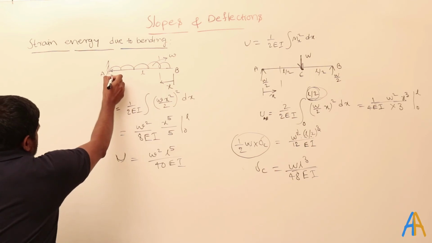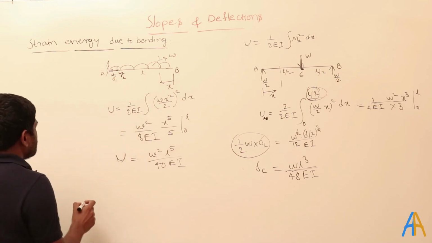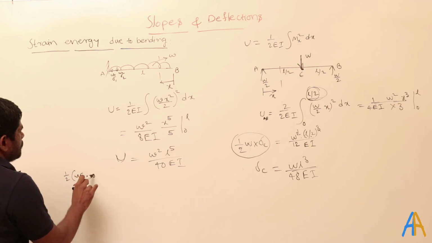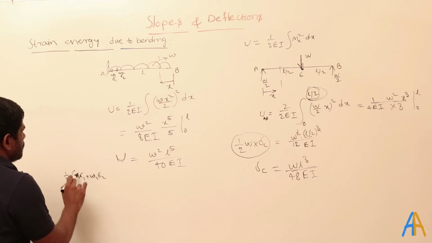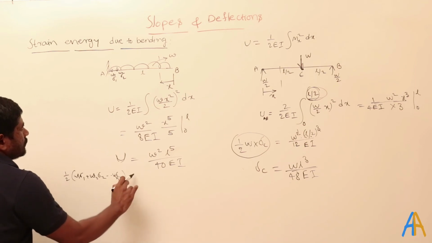Let's assume this is W1 and the corresponding delta 1, W2 and corresponding delta 2. In such cases it can be written as half into the sum of W1 delta 1 plus W2 delta 2, up to Wn delta n. This is how we need to equate it.